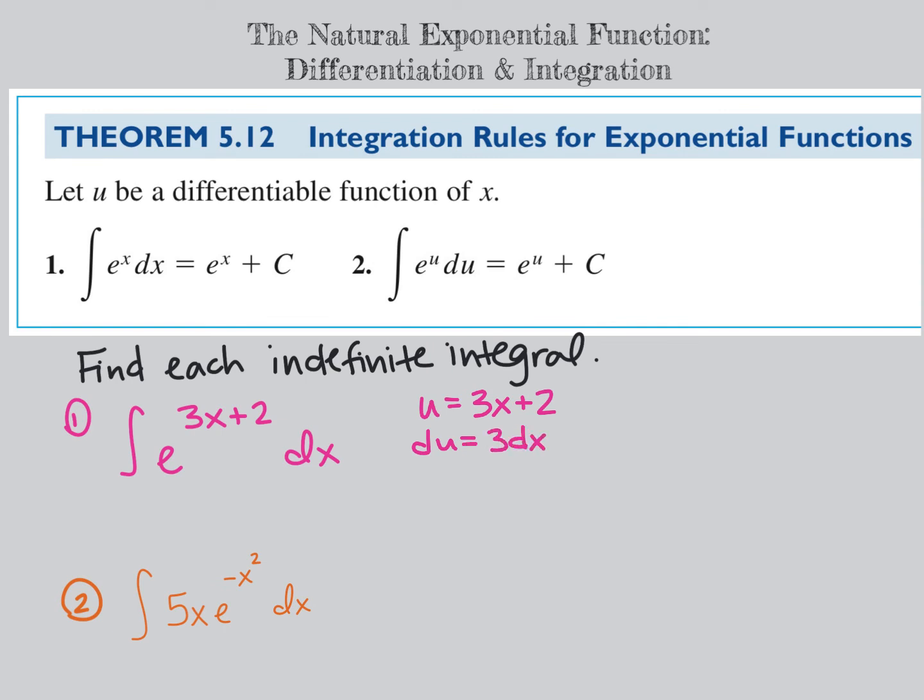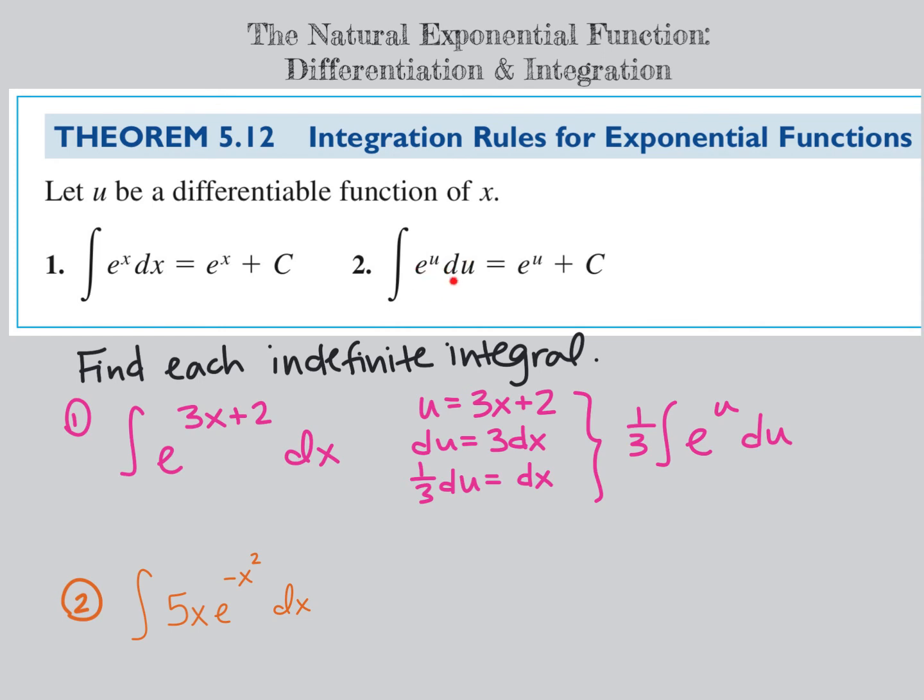Well, we don't have a 3, but we do have a dx, so we'll have 1/3 du equals dx. Then we can simply replace everything inside that integral in terms of u instead of x. So we will have the integral of e to the u, and then dx gets replaced with 1/3 du. That 1/3 can go out front. So I'll have 1/3 the integral of e to the u du.